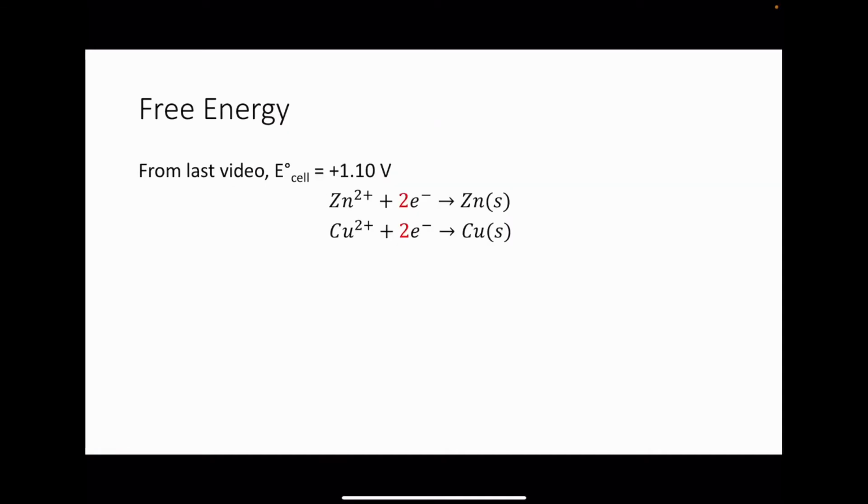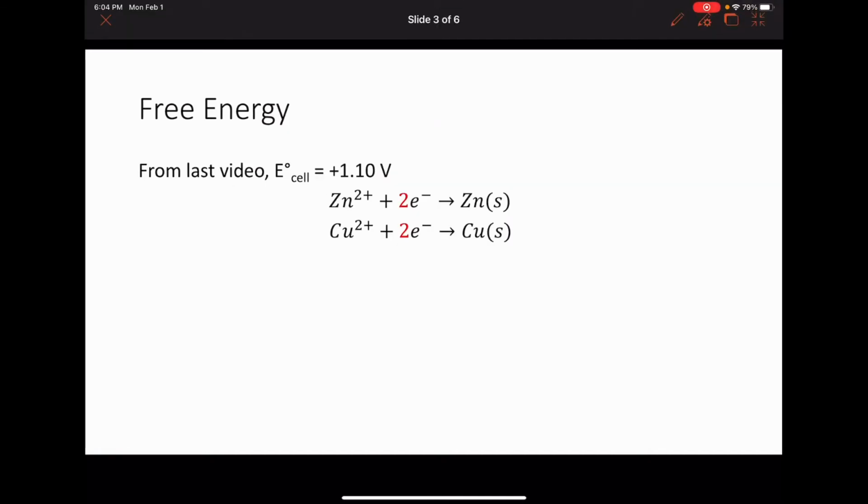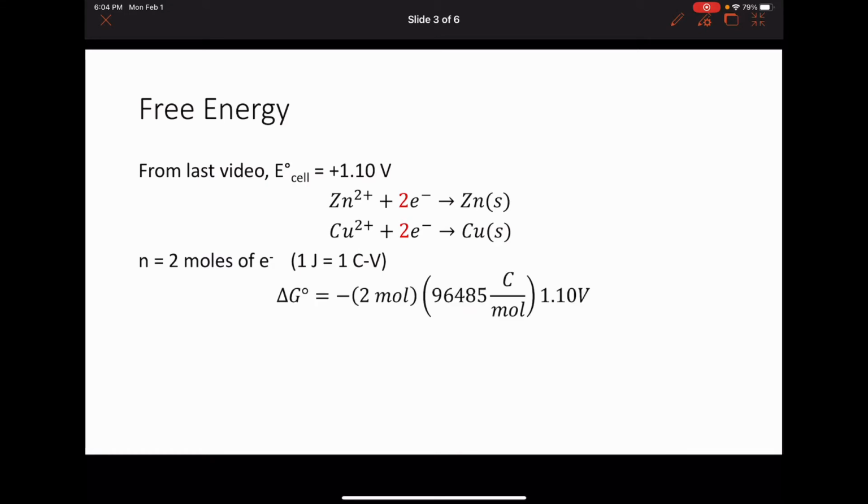So if we consider what we were doing last slide, we had the zinc and copper, zinc in the anode, copper in the cathode. We had these two half reactions, and you recall the E cell potential for that was plus 1.1 volts. You'll notice that each one of them loses or gains two electrons, so our n in this case would be 2.